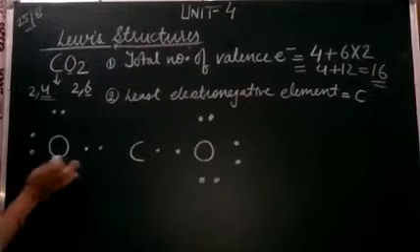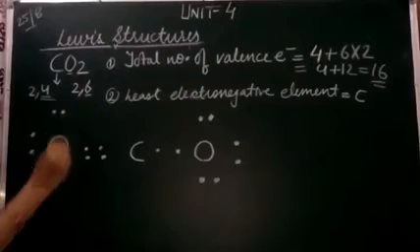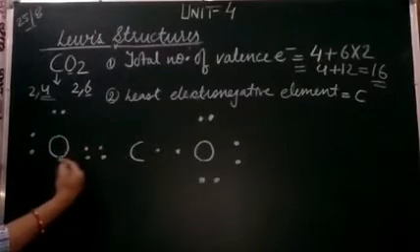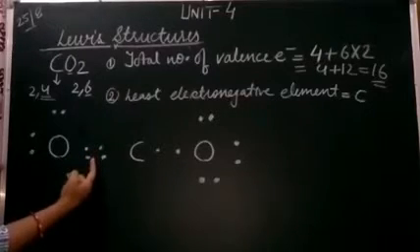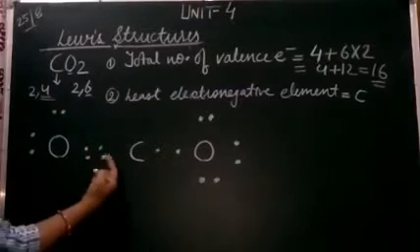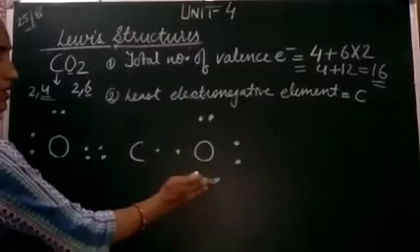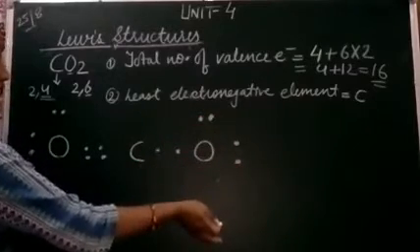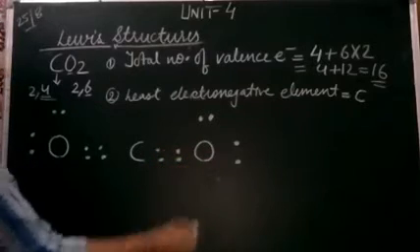So I'm going to remove this and get this electron pair here, which indicates that between carbon and oxygen we are having 2 bonds. Now on the other side, similarly, I will again rub this. You can rub any of the 3 electron pairs and shift it as a bond pair in between.